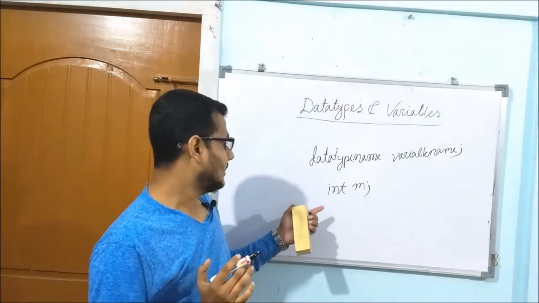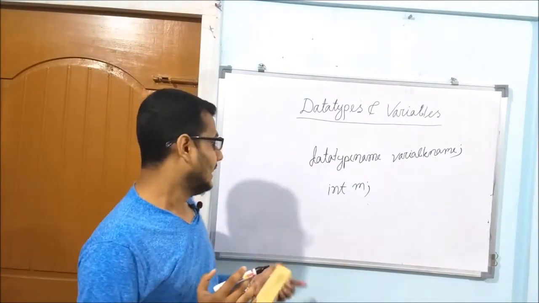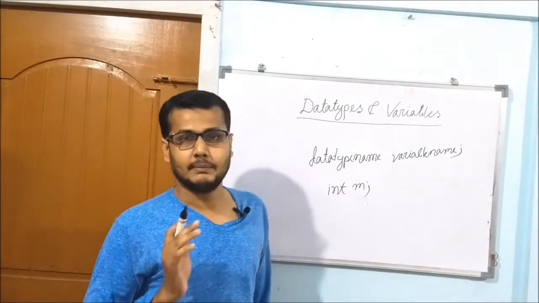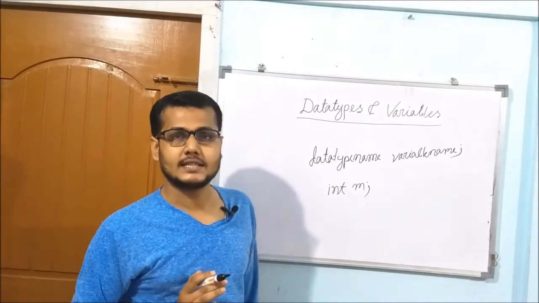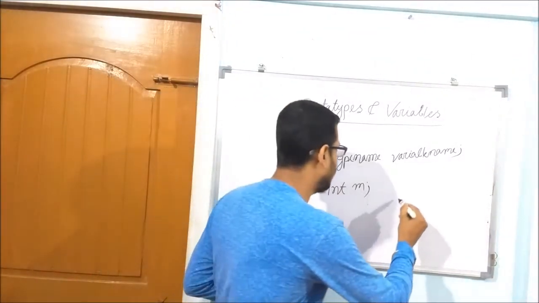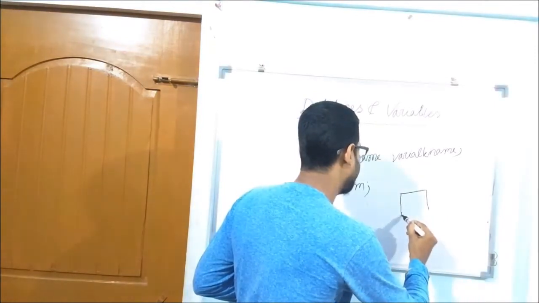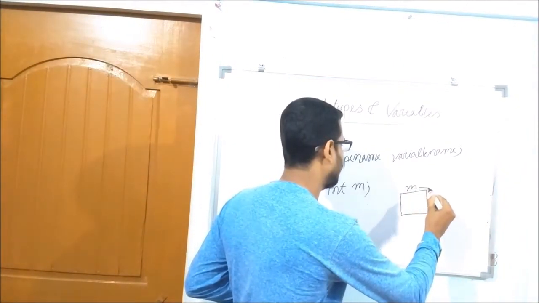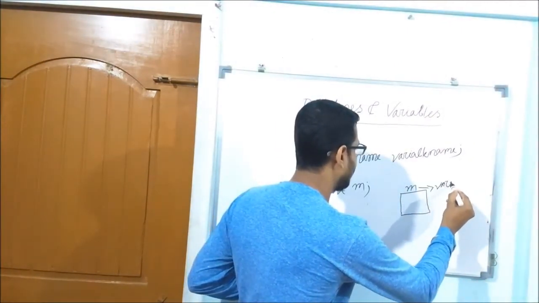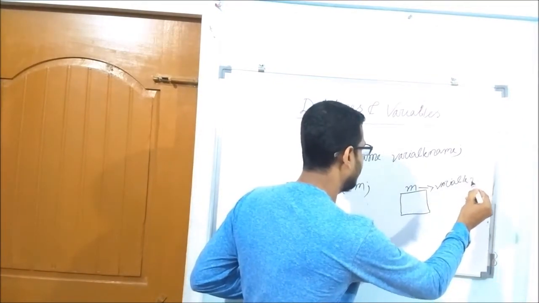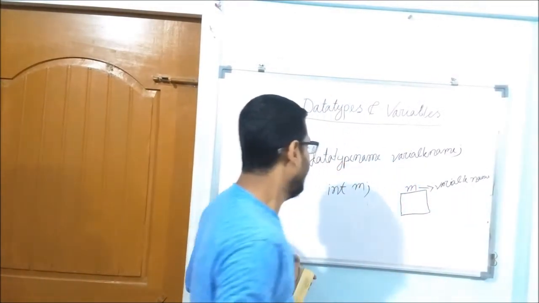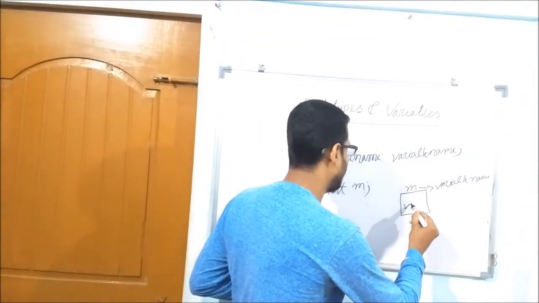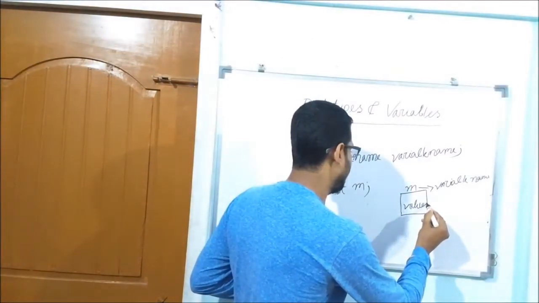When you declare like this, int m, in computer memory 2 bytes of memory space will be allocated for variable m, because the int integer data type size is 2 bytes. In this allocated memory space, now you can store values.